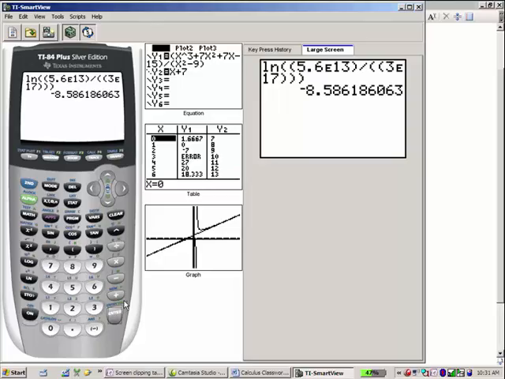Yeah, it's going to be an exponential decay. And that's what your k value is.